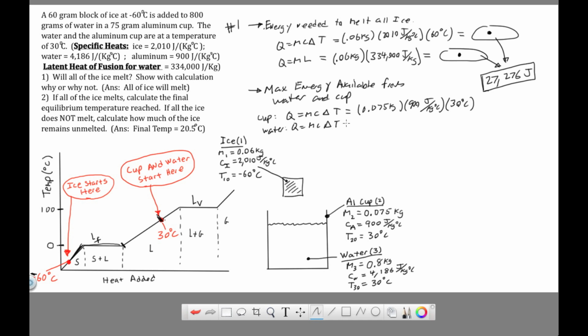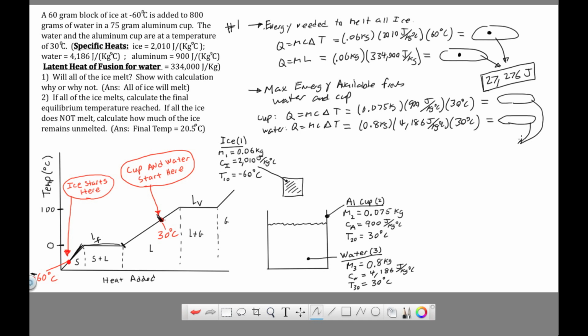All right, for the water, the mass of the water is 0.8 kilograms. The specific heat of water is 4,186 joules per kilogram degree Celsius. And for the water, the maximum temperature change as it cools is 30. All right, so this is going to give us two answers, and you add these two answers together.